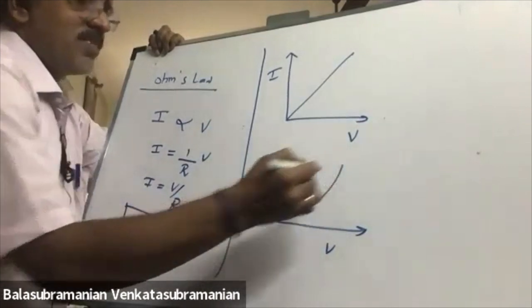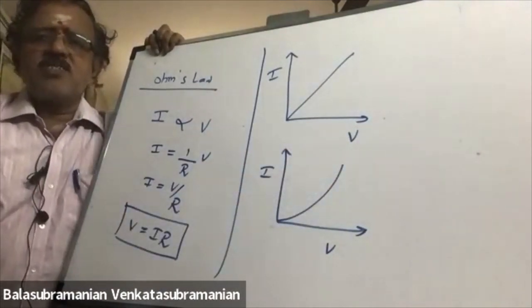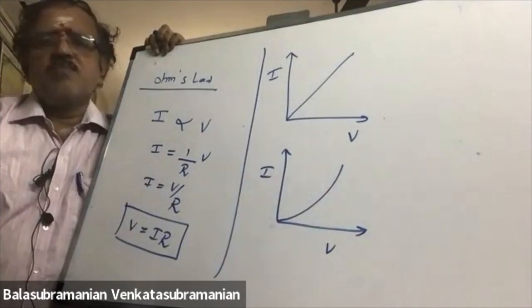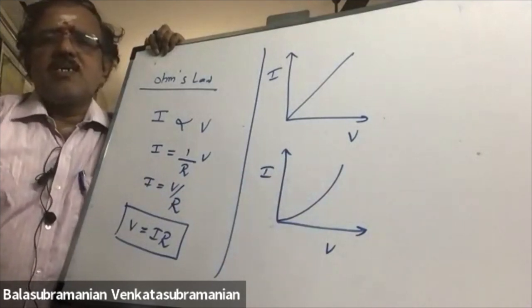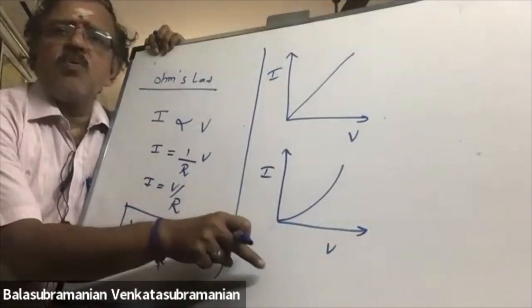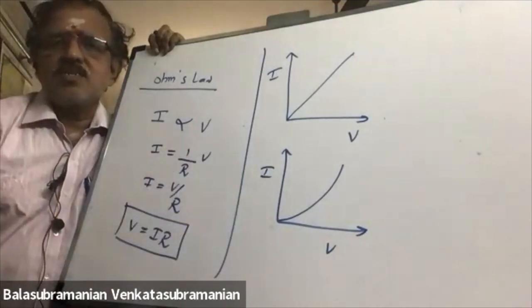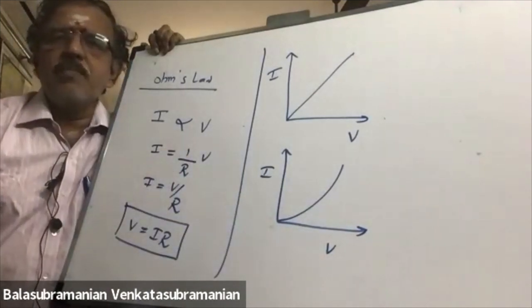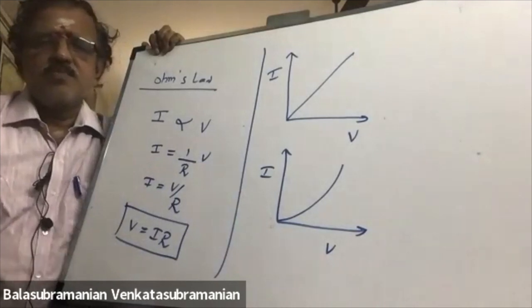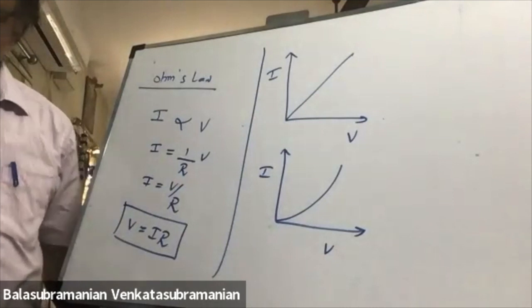The graph is slightly curved. So those electronic elements do not follow Ohm's law. You get a non-linear graph like this. Non-ohmic devices. This is all called ohmic devices. Okay.